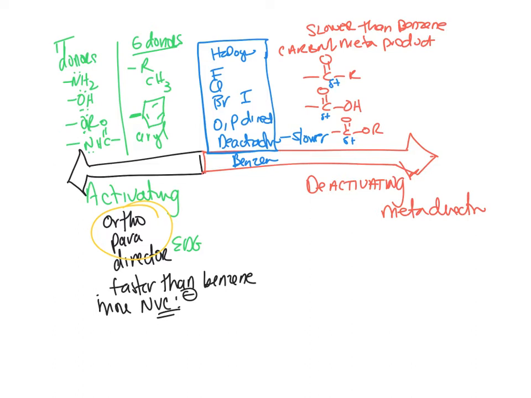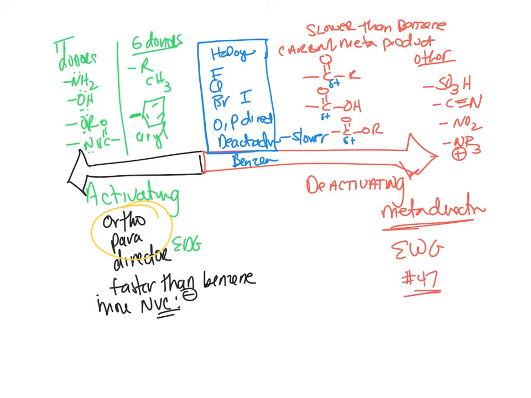So that carbon that's bonded to that ring gives you a slightly delta positive. Same thing with sulfonic acid, nitrile, nitro, and NR3 positive. So anytime you got that positive atom connected to the ring, you're going to get a meta director. Okay, so those are the groups for electron donating and electron withdrawing groups. And that slide is really great. It's slide number 47 in your chapter 17 slides.